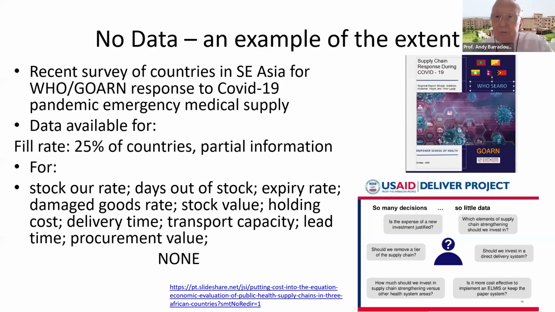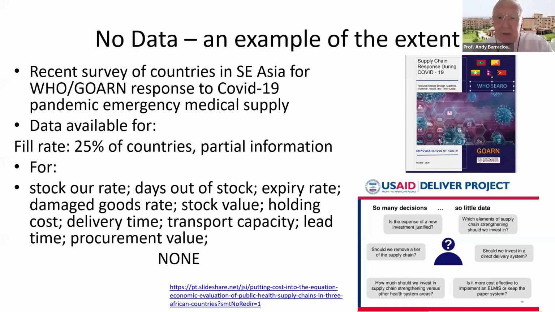What's the value you've got of the stock in the warehouse? What does it cost you to hold stock in the warehouse? What's the delivery time? What's the transport time? What's the procurement value? And only a quarter of countries had even some of the information. Only a quarter. 75% of countries just did not know.